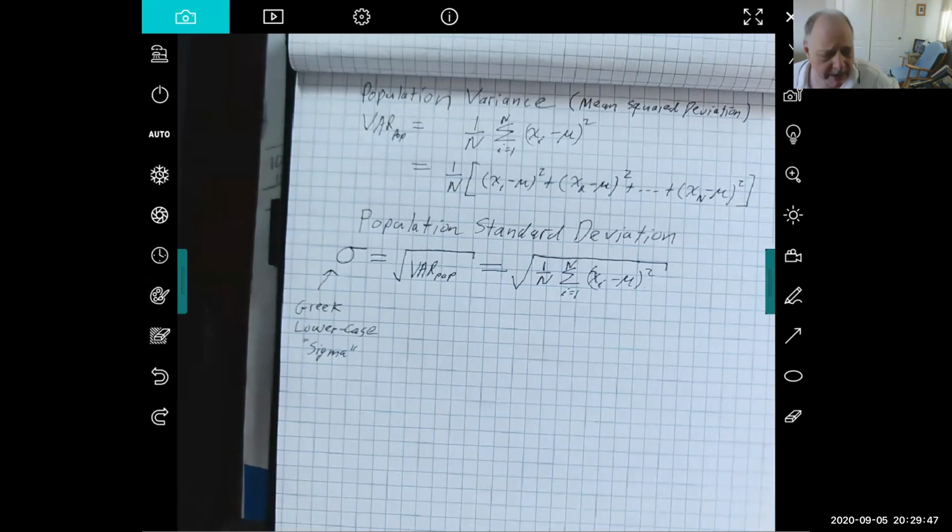Okay, now I need to talk about how you estimate this. Because my story about the population was just the students in our classroom, it's not very realistic. Usually the population is much larger, and you're trying to get an estimate just based on a little sample.